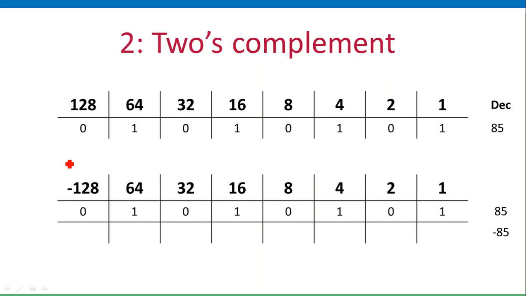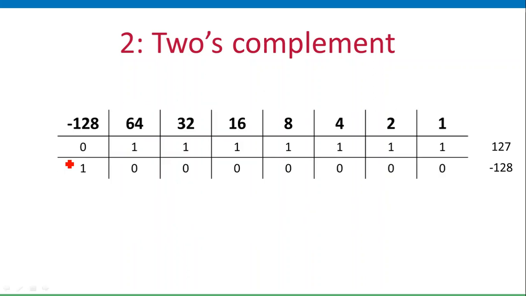If I wanted to store minus 85, it'd be slightly different. I'd have a minus 128, and then I'd add on positive numbers in order to get up to the value of minus 85.